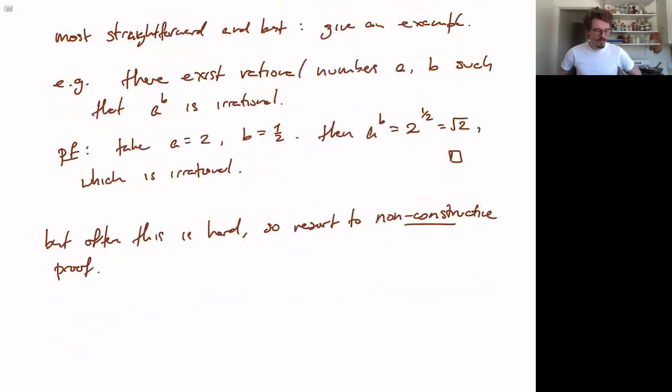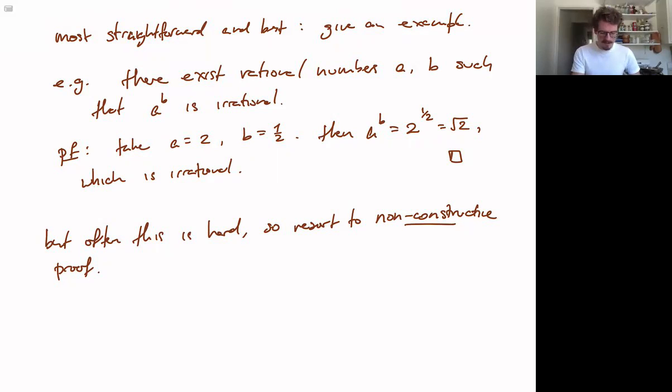And I gotta say, non-constructive proofs are not as good as giving an example. But I have to admit that they're quite satisfying in the sense that proving that something exists without giving an example often requires a very nice kind of cleverness. So it can be very satisfying as a proof, even though giving an example would be more concrete. Non-constructive proofs are often very pretty.